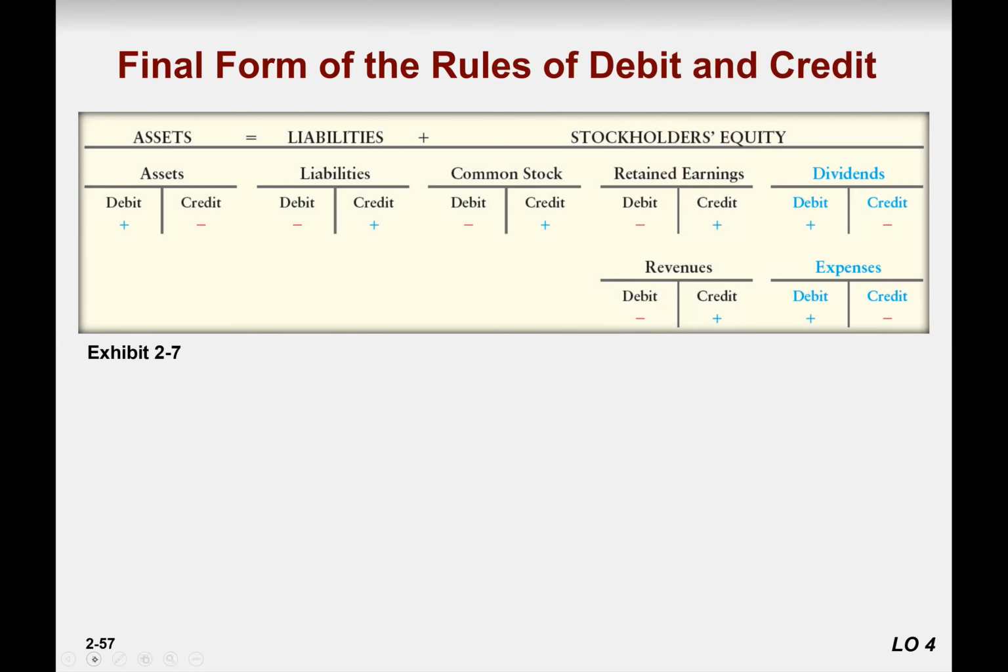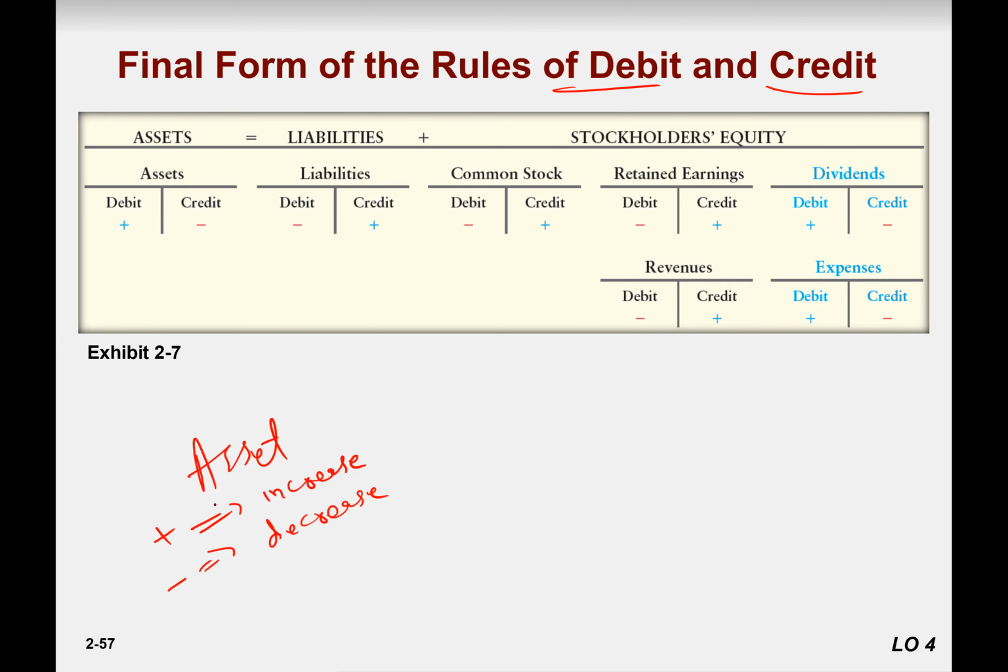Okay, in our last lecture we were talking about the rules for debit or credit. What we have learned is that if there is an increase in asset, don't be confused with the words positive and negative. Positive means increase and negative means decrease.